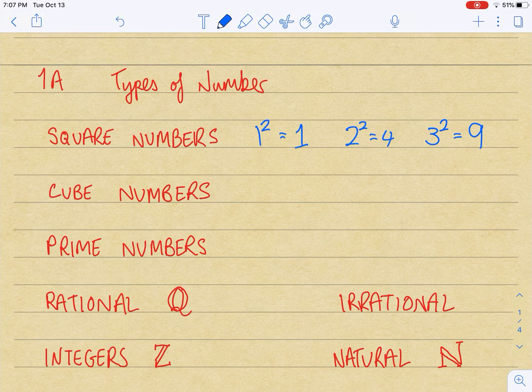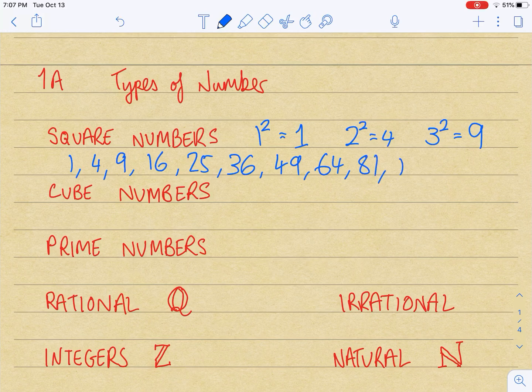So if I list out the first, let's say 10 square numbers, we've got 1, 4, 9, 16, 25, 36, 49, 64, 81 and 100. And you do need to recognise those. So it's really useful to just practice recognising those as square numbers.